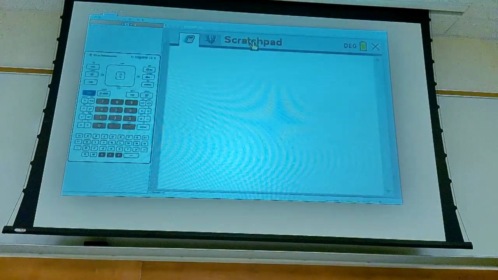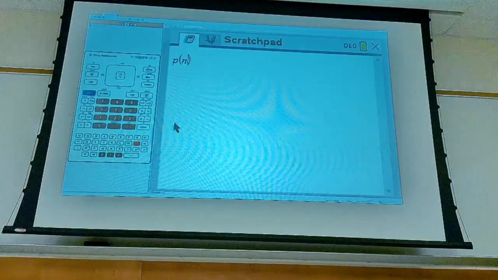I'm going to show you a cool little feature you can do on the Inspire if you have it. You can actually store functions. So P of n, and you want a semicolon, control, and then right here.